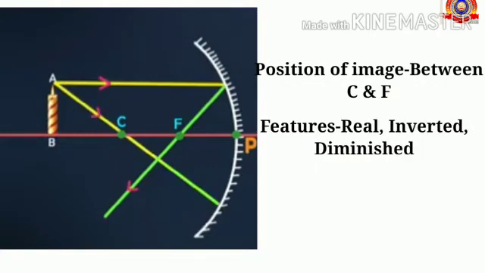The light rays meet between center of curvature and F, that is the focus, so the position of the image is between center of curvature and focus. The features of the image are real, inverted and diminished.